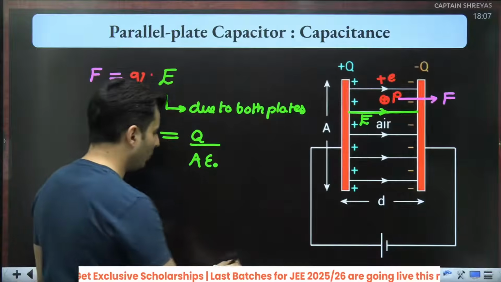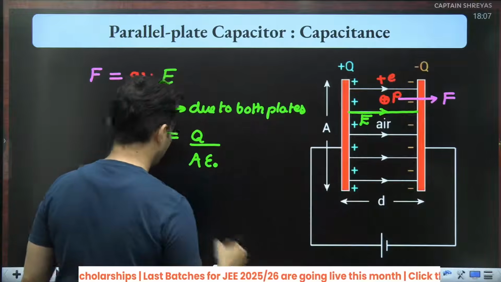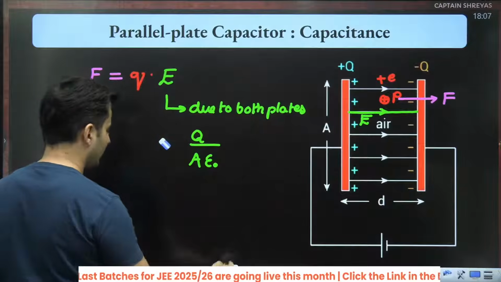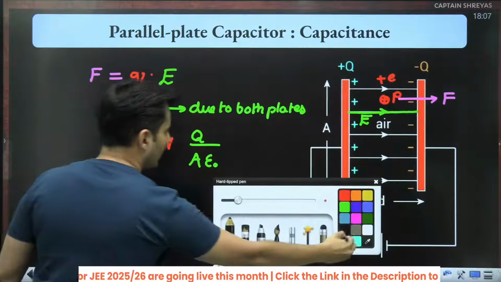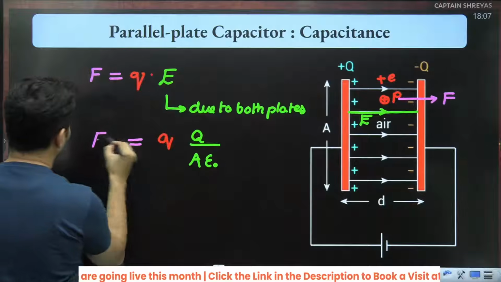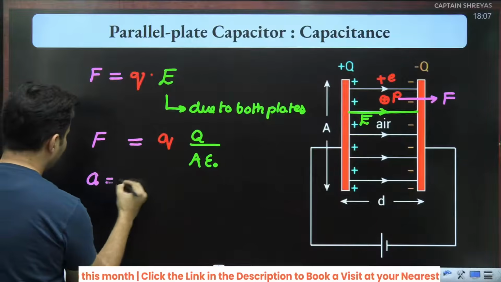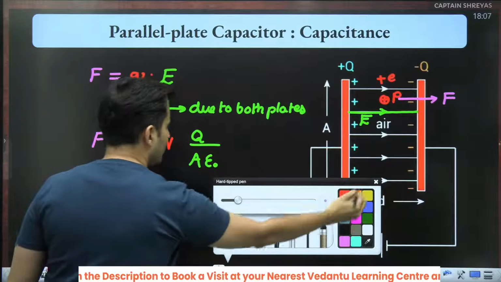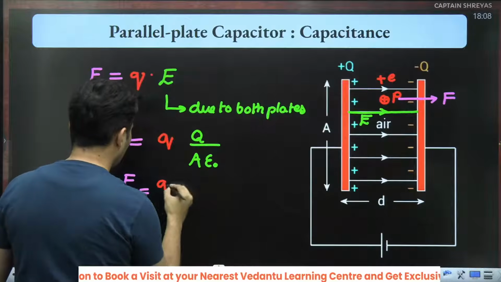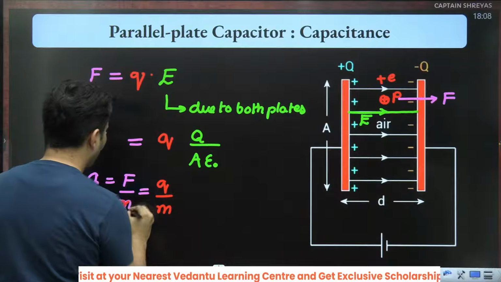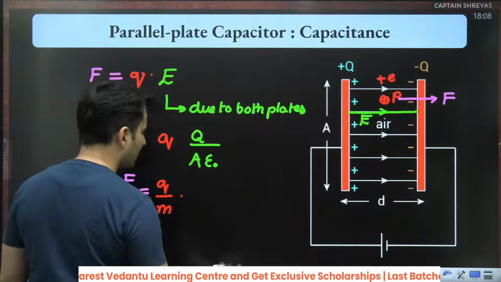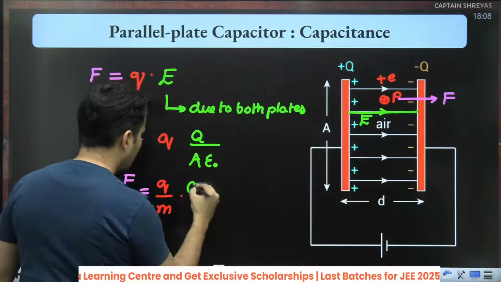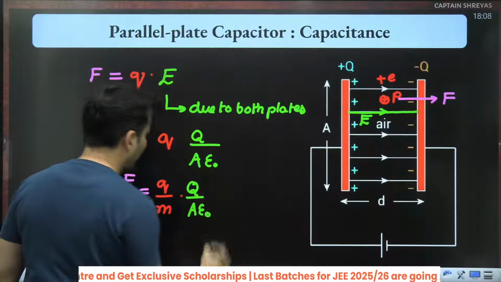Okay, it is because of both the plates. So you put Q over here, and this is our force. If you want to find acceleration, that will be force divided by the mass. So it will just be Q divided by that mass, whatever is there of that particular charge, multiplied by Q and divided by A epsilon naught.